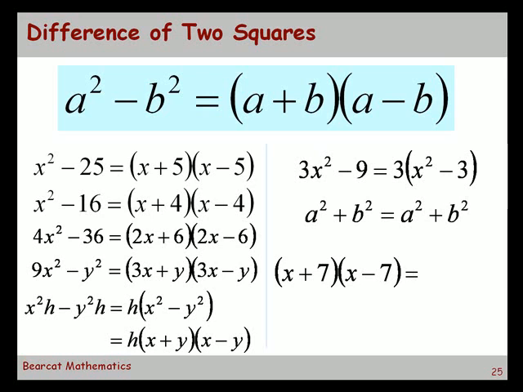Can Juan help you? What is it, Juan? Yeah. This is a plus b times a minus b, so we're just doing one of these backwards, right? So we just square the first term, write down a minus sign, square the second term.